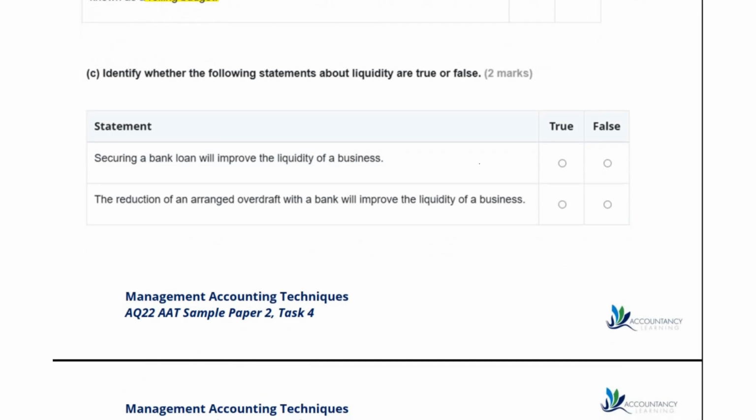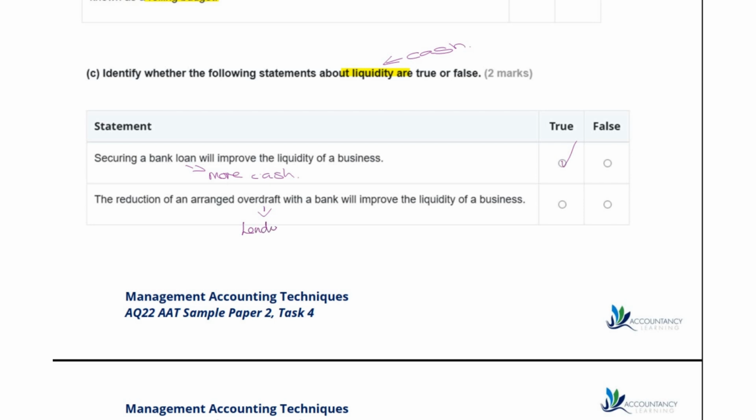Now we've got some statements about liquidity. Securing a bank loan will improve the liquidity of a business. So remember, because we're talking about liquidity, we're talking about cash or the accessibility of that cash. So the bank loan will mean more cash. So that's true. The reduction of an arranged overdraft with a bank will improve the liquidity of a business.